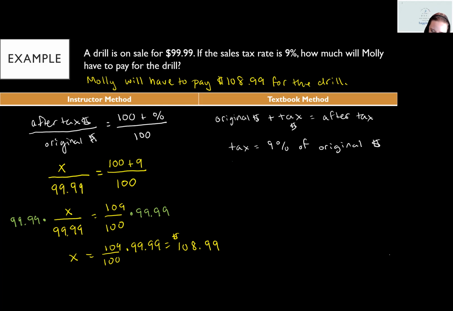So that means our tax is 9%, so you convert it to a decimal. The word of means multiply, and then we plug in our original price. So we take 9% of the 99.99.